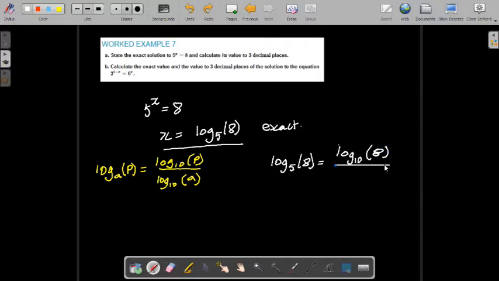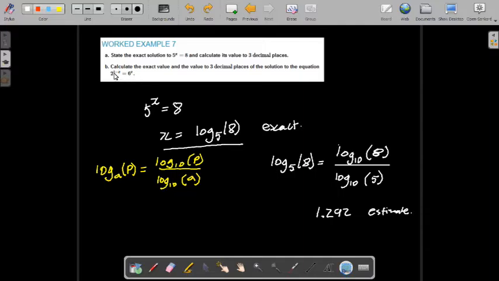And that's going to be divided by log base 10 of 5. So we would be able to work that out in the calculator or scientific. And if we do that, we get an answer of 1.292, which is an estimate. Because we're rounding off, there'd be rounding errors with the decimals.